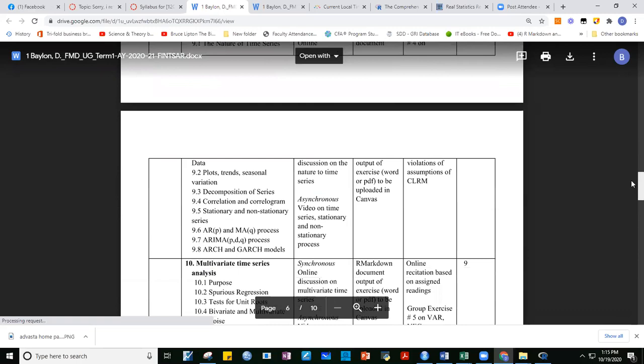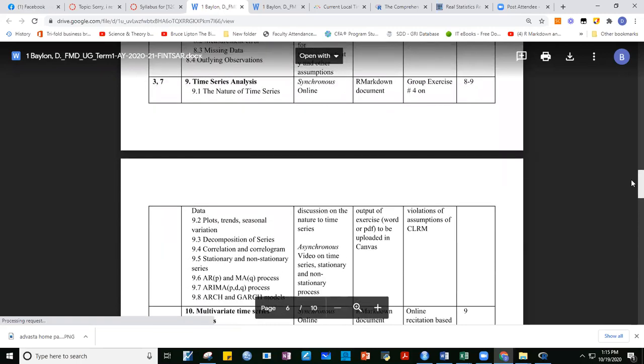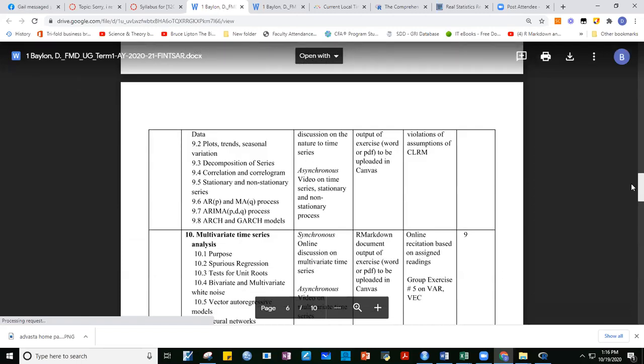Then we look at time series. For time series, your independent variable is time, and your dependent variable is your data that moves with time.